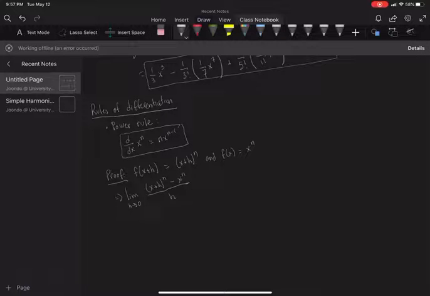Now, you can recall from pre-calculus that we can expand x plus h to the nth power using the binomial series.